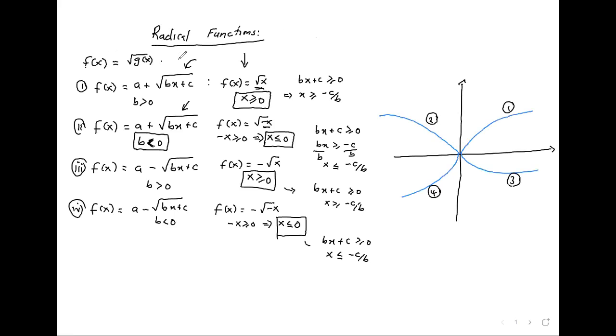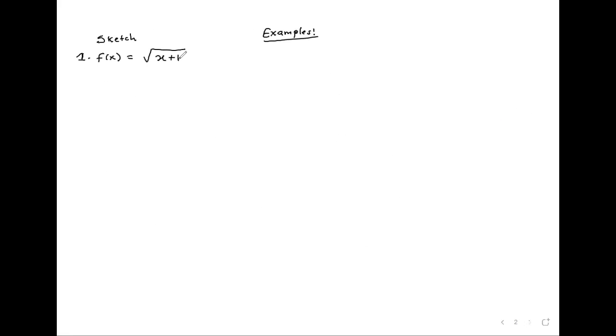So you see that b is greater than 0. So we are in family A, family 1. So our first thing is to get x plus 1 equated to 0 and solve for x. So we have x is equal to -1.